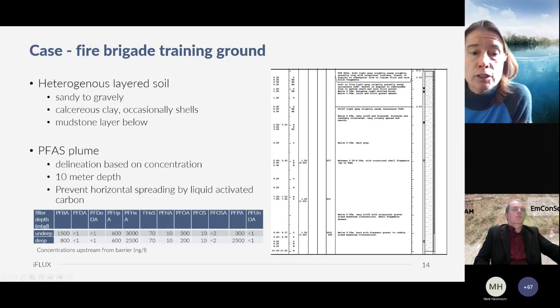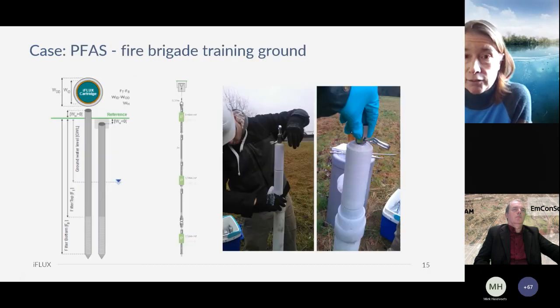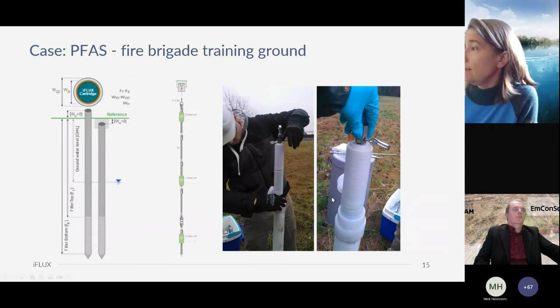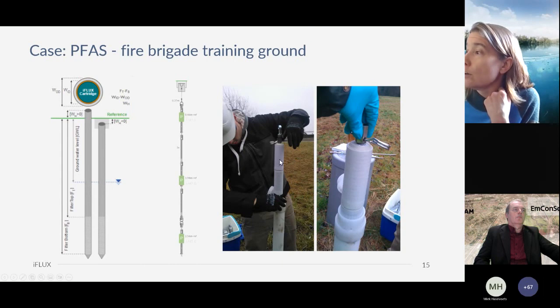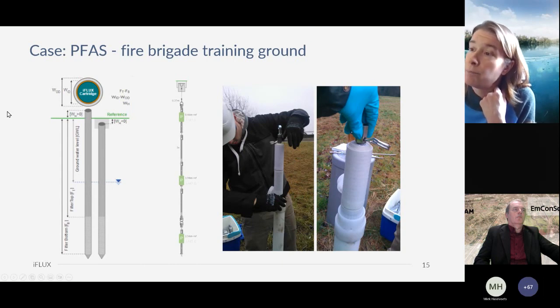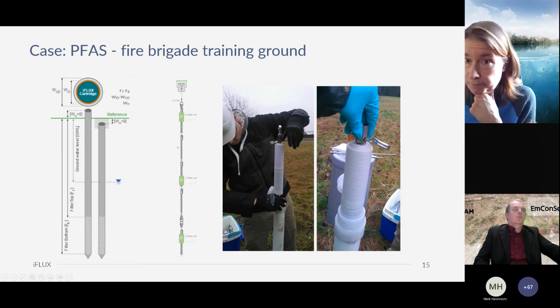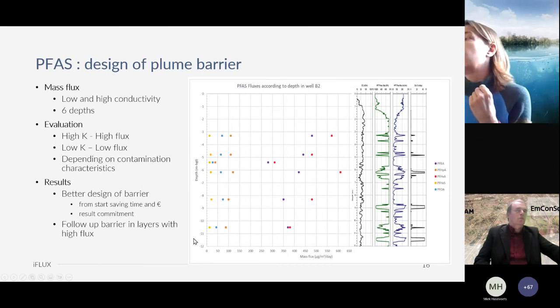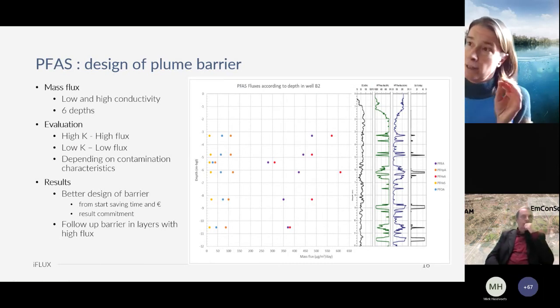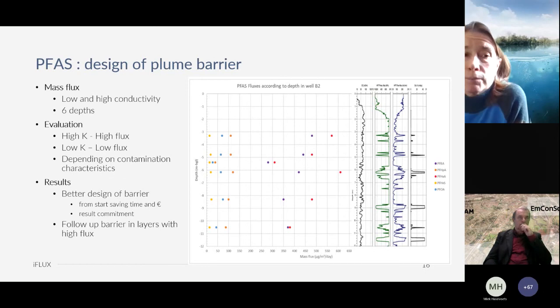Therefore, flux measurements were performed in the available wells on site. You can see a picture where we install a flux sampler in the well, and this is the preparatory plan for installation of the flux samplers. In the available wells, flux measurements were performed at 6 different depths.